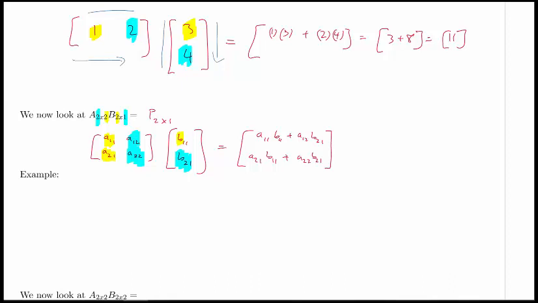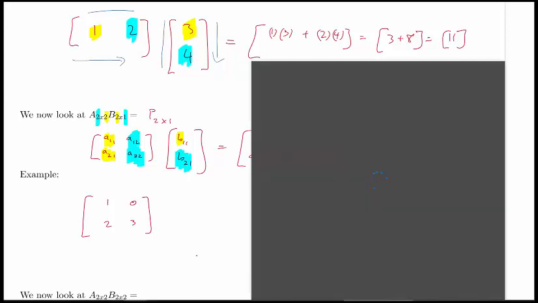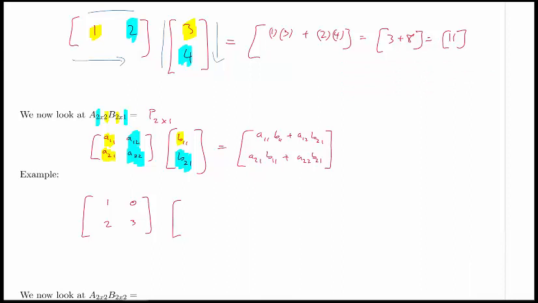Let's go ahead and take a look at this with an actual numerical example. So we have 1, 0, 2, 3, and then let's do a second one here, and we'll make it 2, 2. So when we multiply across, again, this is going to be 1 going into the 2.